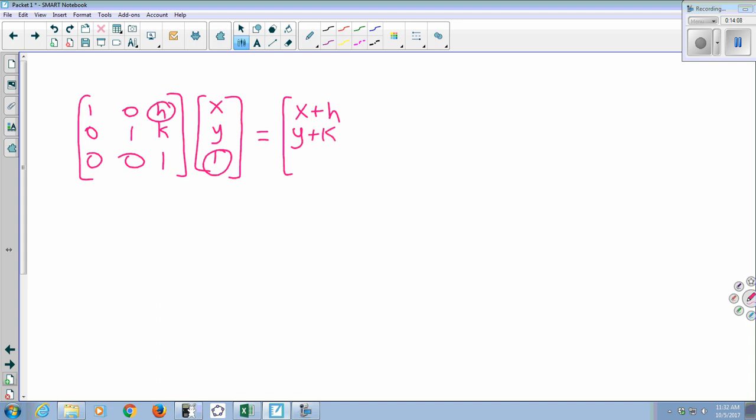And then your last row, 0 times x plus 0 times y plus 1 times 1 is 1. So we just built that matrix to force the answer to give you, instead of x, y as your output, x plus h, y plus k, so that it translates by h, k.